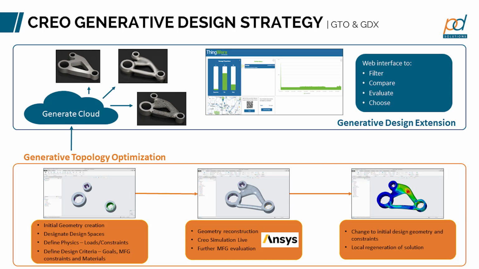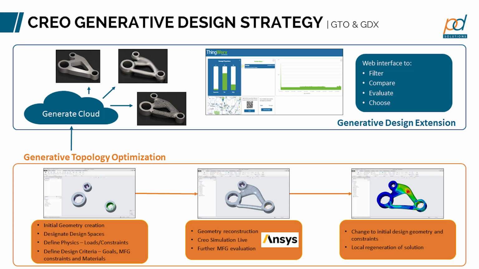Because it can run on the cloud, you can run many more different versions of your design, all at the same time. And then you can set up some complex objectives and filtering functions that will help you to choose the best design.